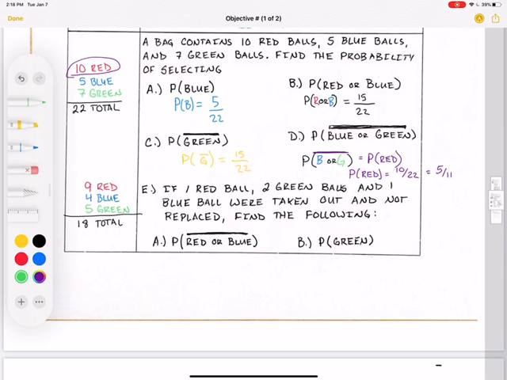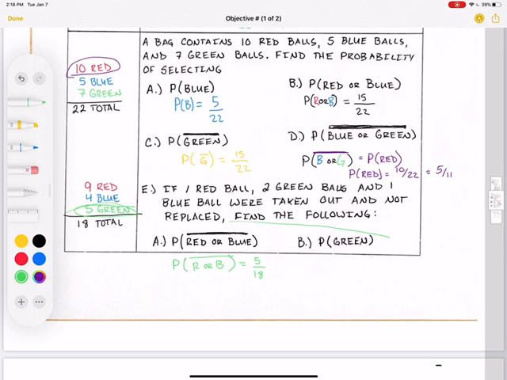So the probability of not red or blue would be 5 out of 18.